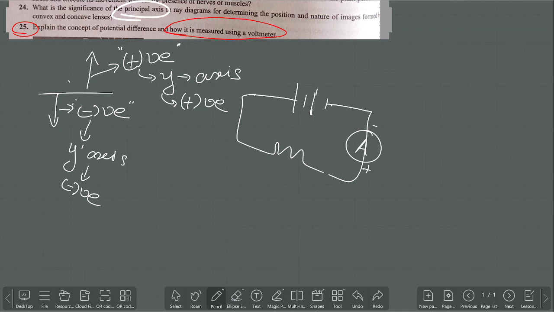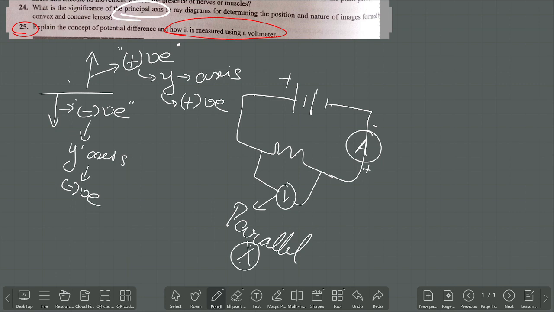Parallel, across the ends of the conductor. That main word parallel is important. Parallel across the ends of the conductor, and here plus, and here it is going to be minus.